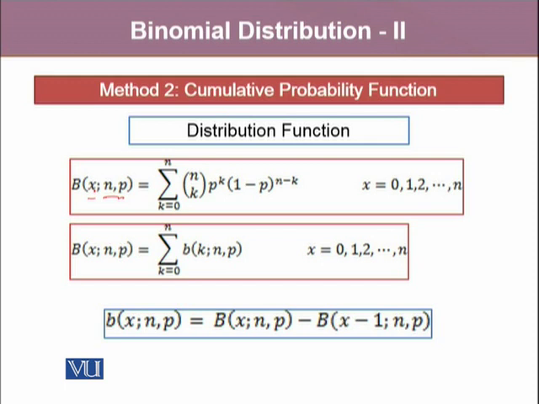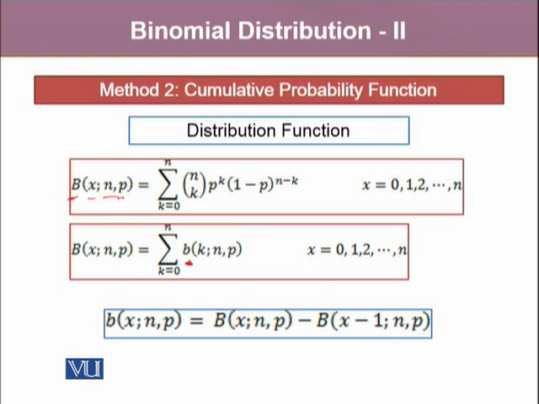So capital B notation is used to describe the distribution function or cumulative probability distribution. You will notice another notation with small b, within the brackets k, n, and p. N and p are the parameters of the binomial distribution. Small b refers to the probability mass function.